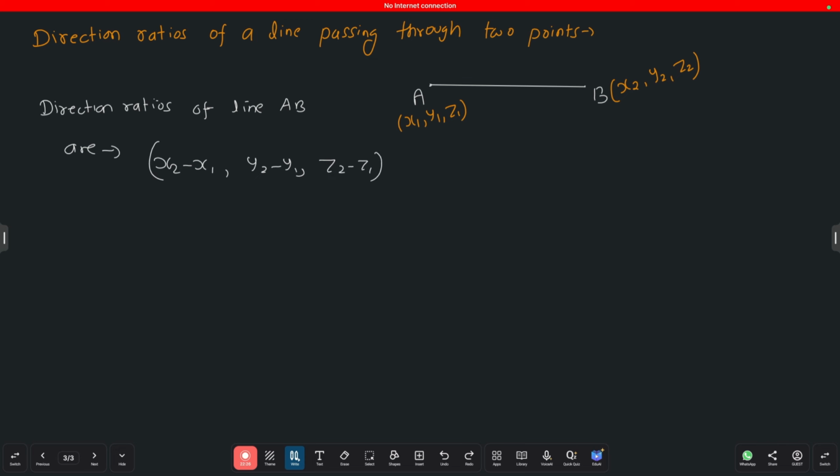The x coordinate of B minus the x coordinate of A, and the y coordinate of B minus the y coordinate of A. You can also write x1 minus x2, y1 minus y2, z1 minus z2. This is also correct, because I said infinite direction ratios are possible. If you multiply by minus 1, it becomes this. But usually we follow the first form.